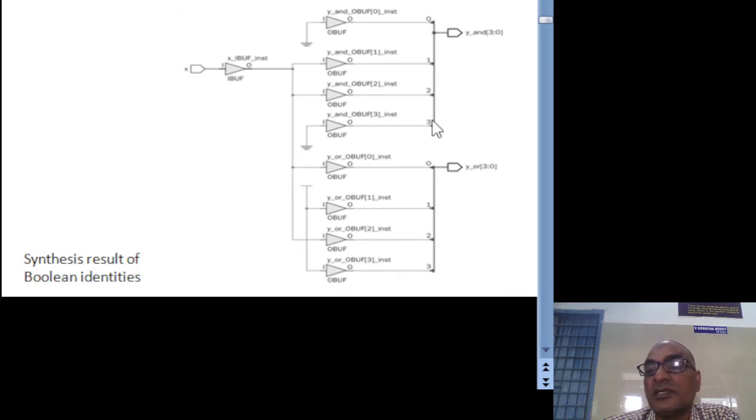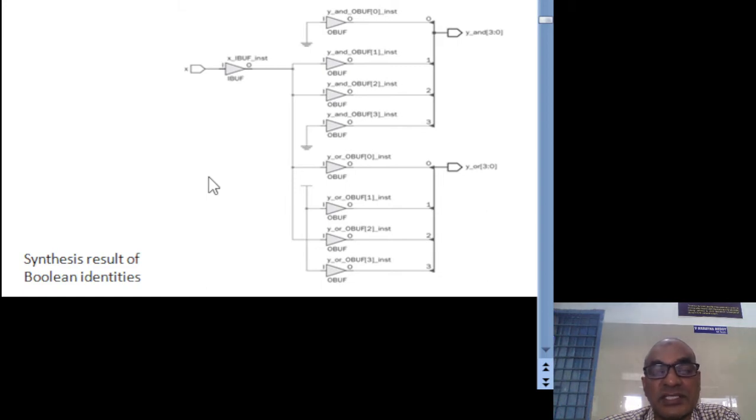Here the first part gives the y and outputs, the second one gives the y or outputs. Based on our statements, it automatically chooses different buffers between inputs and outputs. So what is a synthesis report? Synthesis report means generating a gate level netlist for our programming instructions.